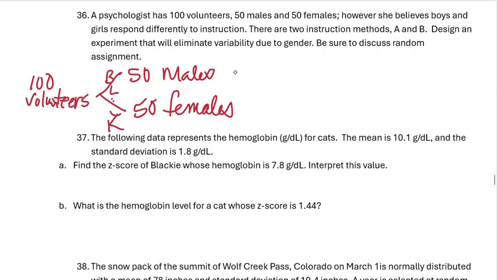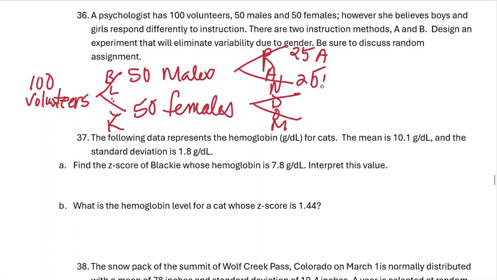And then we are going to randomly assign 25 to each treatment. So this part will be randomly assigned. 25 males to A, 25 males to instruction B, 25 females to A, 25 females to B, close it up.